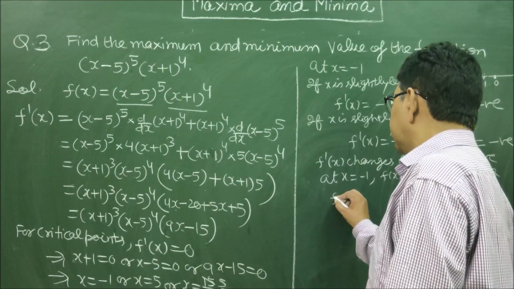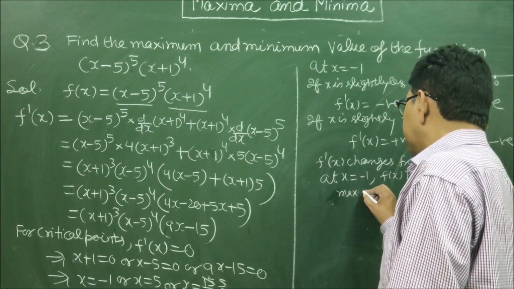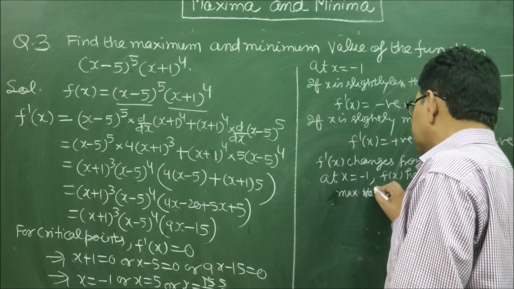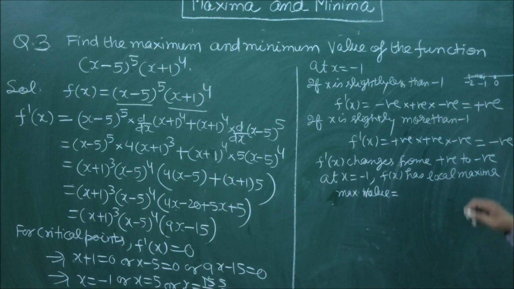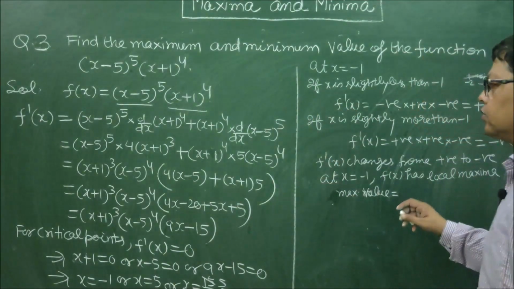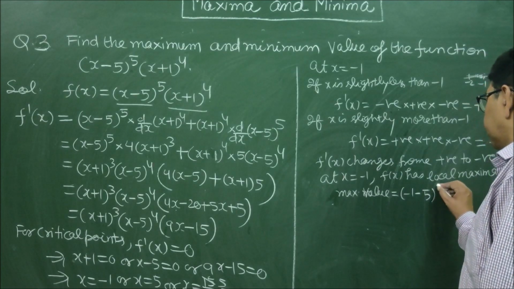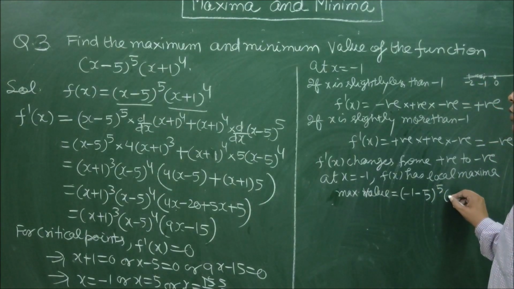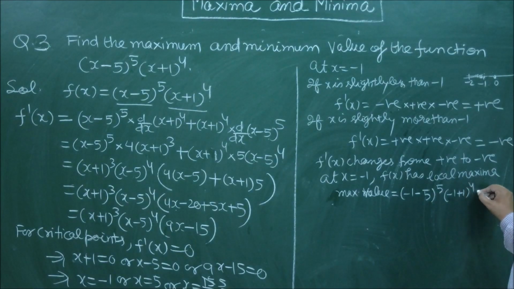Putting x is equal to minus 1, the value is equal to 0, because the factor x plus 1 raised to the power 4 is 0, and 0 into something means 0.